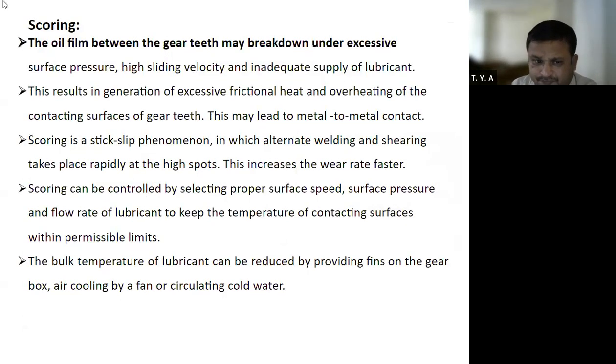Therefore, due to excessive pressure, high sliding velocity, and inadequate supply of lubricant. Sliding velocity means what? When the gear rotates between two gears, always remember motion is partly sliding and partly rolling. Rolling means circular motion. And sliding is the sliding motion, like we played on a slide as children.